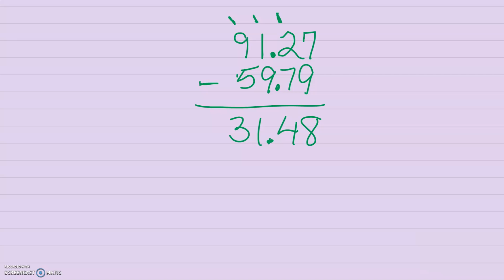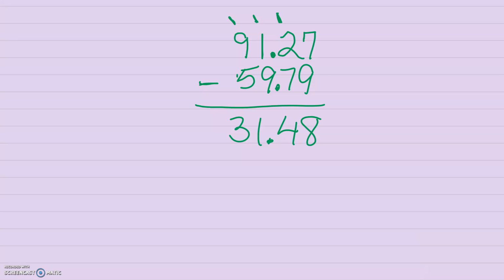Line it up there. All right, now we need to think about whether this answer makes sense. So let's go back and look at it. So 7 minus 9, we would have to regroup a 1, leaving us a 1 where our 2 currently is, and then we'd have 17 hundredths. 17 hundredths minus 9 hundredths would give us 8 hundredths. So that works out. All right, so now our 2 is a 1, so we have 1 minus 7.